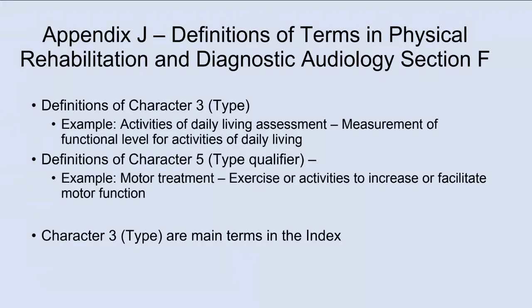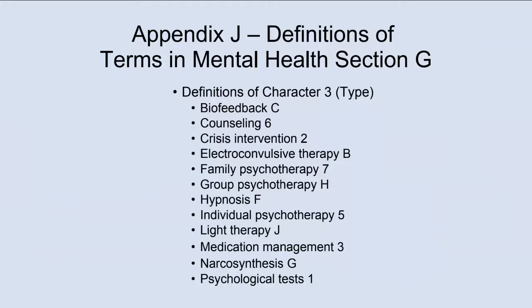It also has definitions of character 5, the type qualifier, motor treatment, exercise or activities to increase or facilitate motor function. So what's in the index? The character 3 types are in the main index, but if you're not sure which one to use, you can go to Appendix G and that will help figure it out.